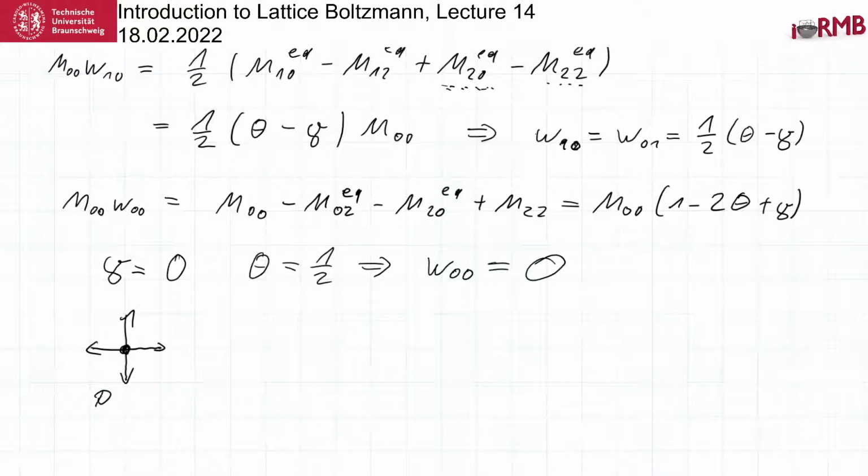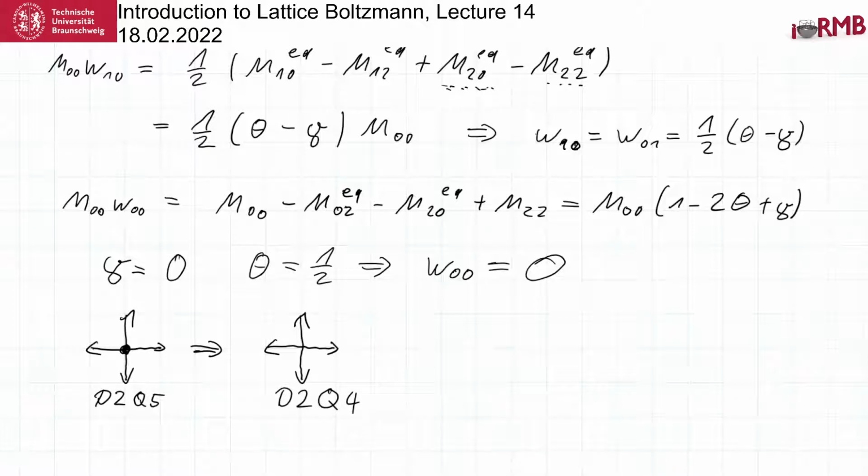which then means from this lattice D2Q5, we would go to a very simple lattice which has no resting, which has no velocity in the middle, and this is D2Q4.